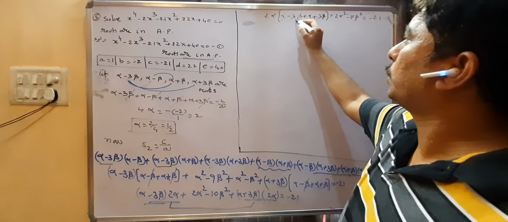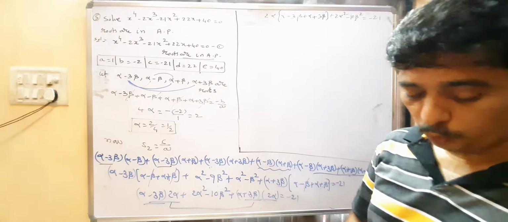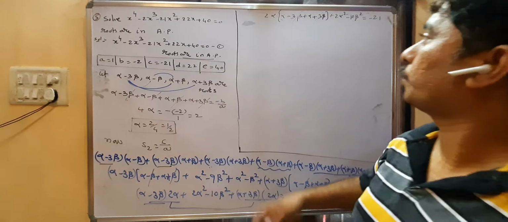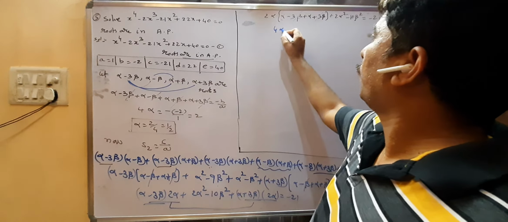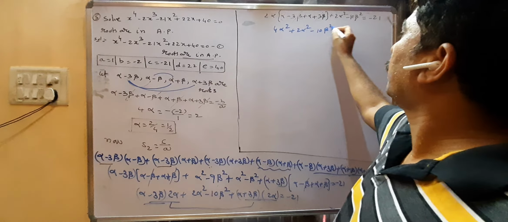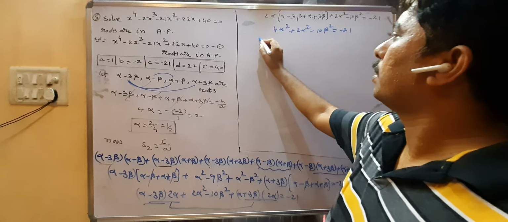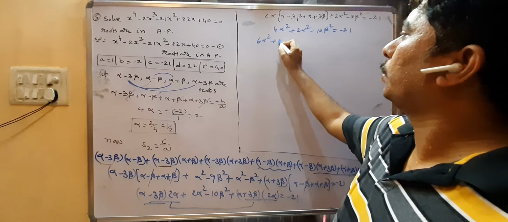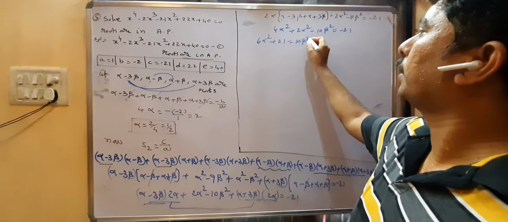Alpha plus alpha is 2 alpha. 2 alpha into 2 alpha is 4 alpha square. So 4 alpha square plus 2 alpha square minus 10 beta square equal to minus 21. 6 alpha square plus 21 equal to 10 beta square.